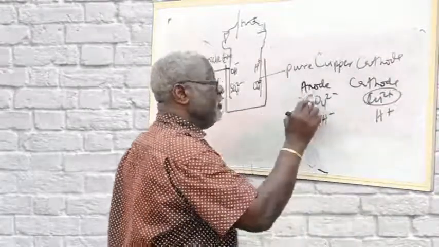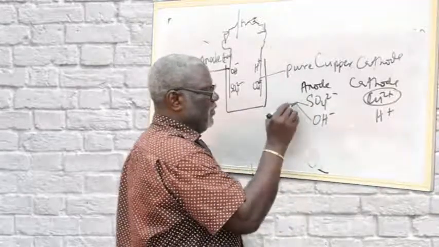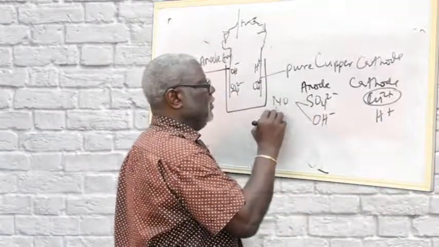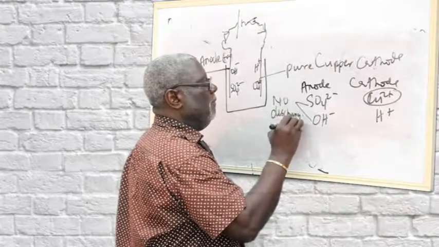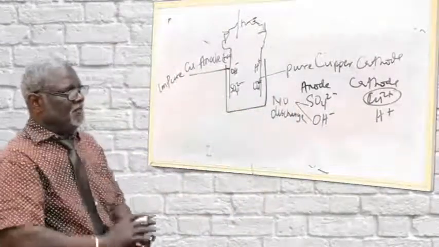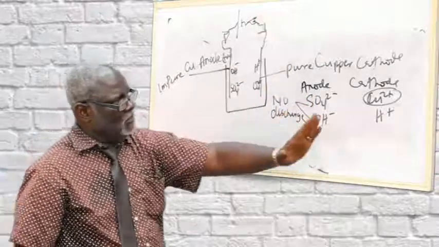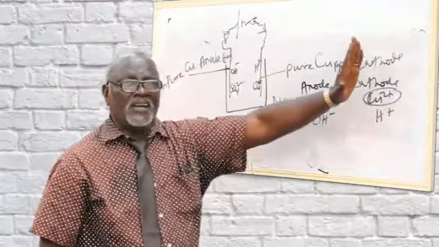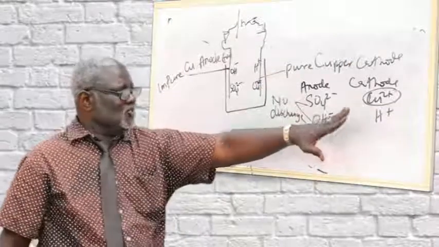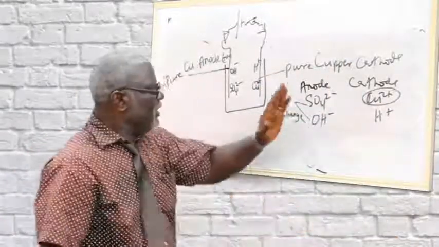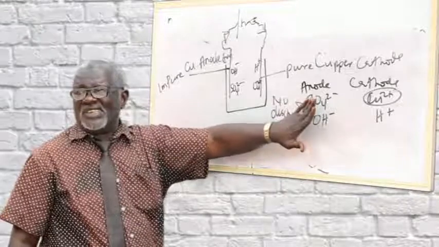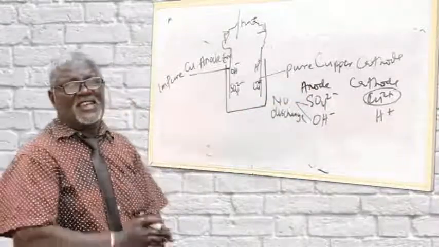None is discharged. No discharge. In this electrolysis, SO4 2- and OH- migrate to the anode, Cu2+ and H+ migrate to the cathode. At the cathode, Cu2+ is discharged. At the anode, none of the two ions is discharged. Instead, the anode takes part in the reaction.